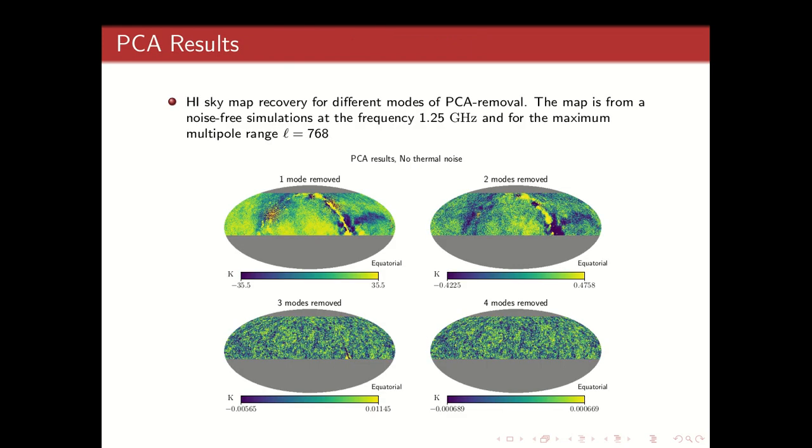For the PCA result, as we apply one mode removal, you can see that contaminants are suppressed, but we attain an almost perfect removal of contaminants after removing 4 modes using PCA.